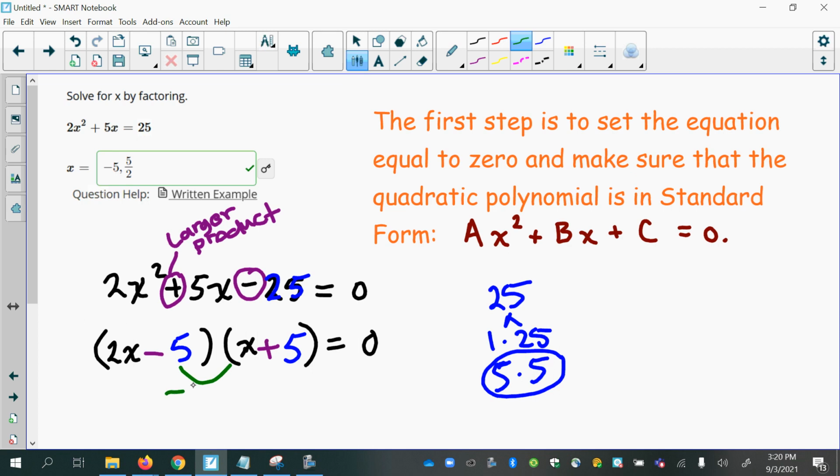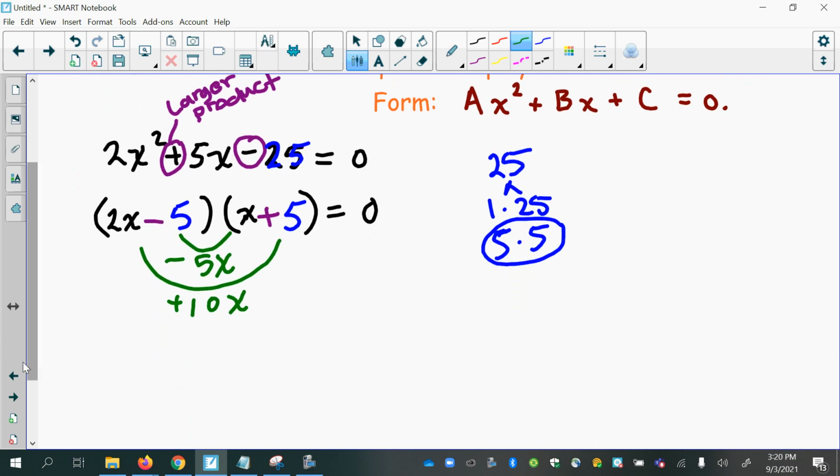So if I do little smile, I get negative 5x. For my big smile, 2x times 5 is going to give me positive 10x. Now when I add those together, I need to make sure that I get the middle term of positive 5x, right? So I'm looking for this term when I combine my little smile, big smile products. Notice that the larger product here is positive, like I was expecting that I would need.